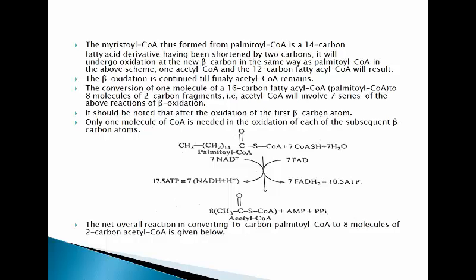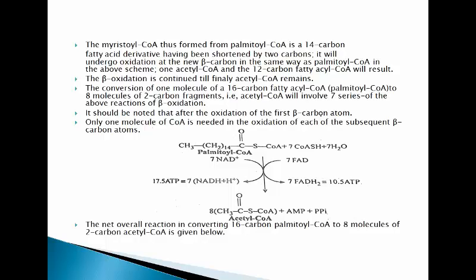So each time a 2 carbon containing fragment is released, that is acetyl-CoA, and the cycles will continue until the last 2 carbon containing fragment, that is acetyl-CoA, is left.